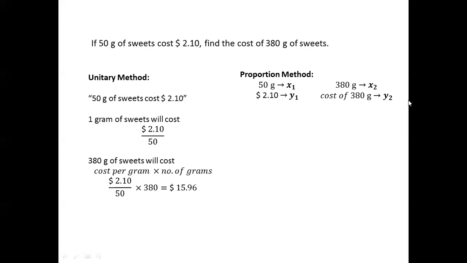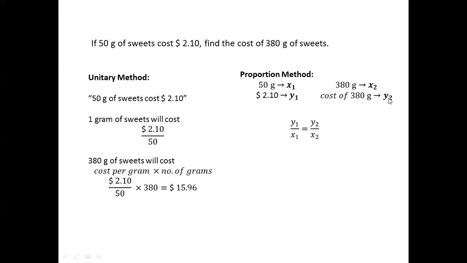In proportion method, you have to be careful that whatever you're assigning for x sub 1 should be similar to the one you're assigning for x sub 2. In this case, since I assigned mass for x sub 1, therefore x sub 2 should also be mass. In a similar manner, if I assigned cost for y sub 1, then y sub 2 should also be pertaining to cost.